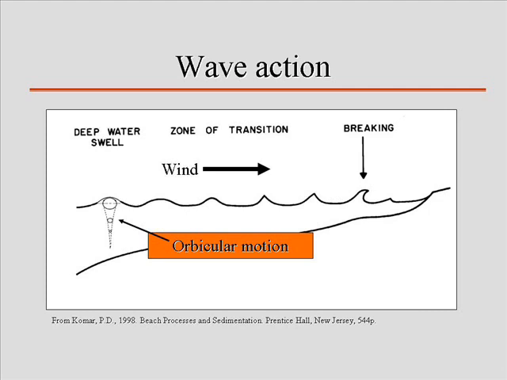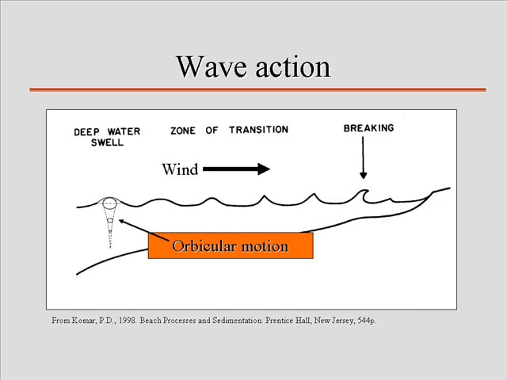As these orbitals start to move in this direction, because of interactions with the seafloor, you'll start to cause the orbitals to tip over. This gives rise to a buildup process. Eventually the waves will break, and then it will convert the motion from orbicular motion to more or less a forward motion. So you go from orbicular to a back and forth motion through here, okay?